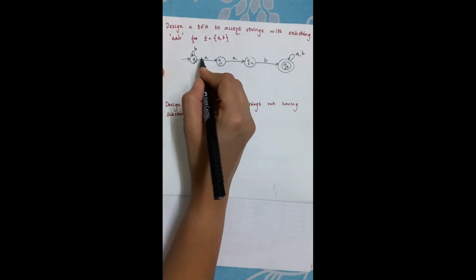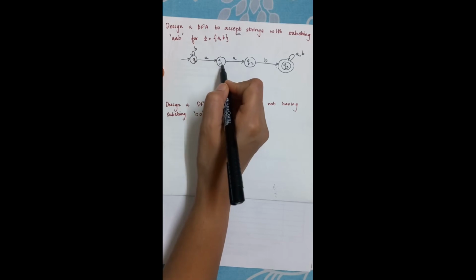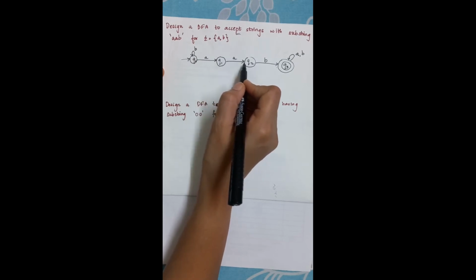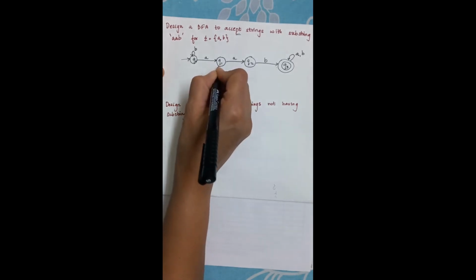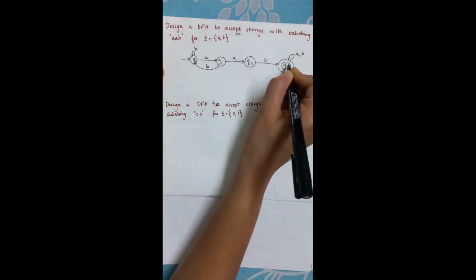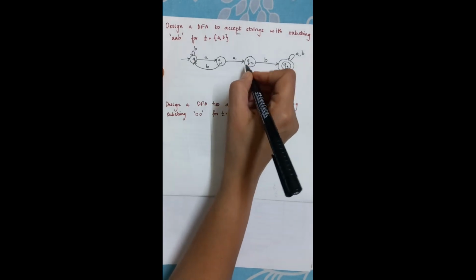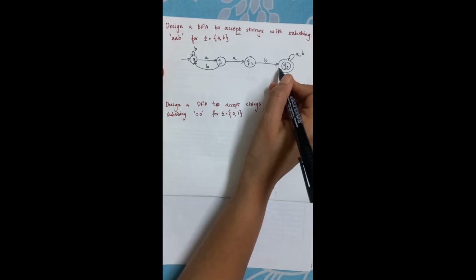Now here for Q0, A and B both are sorted. For Q1, if there is an A, it will take me to the next state. But if there is a B, I want it to come back to Q0 and check for AAB again. For Q2, B is done.